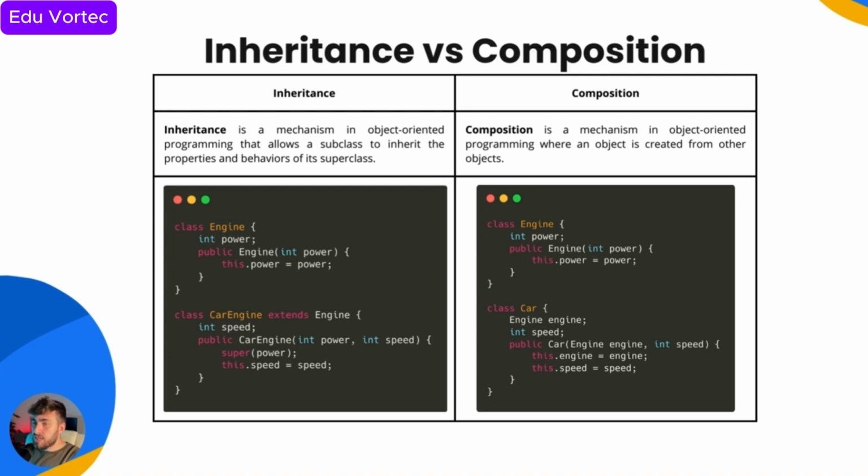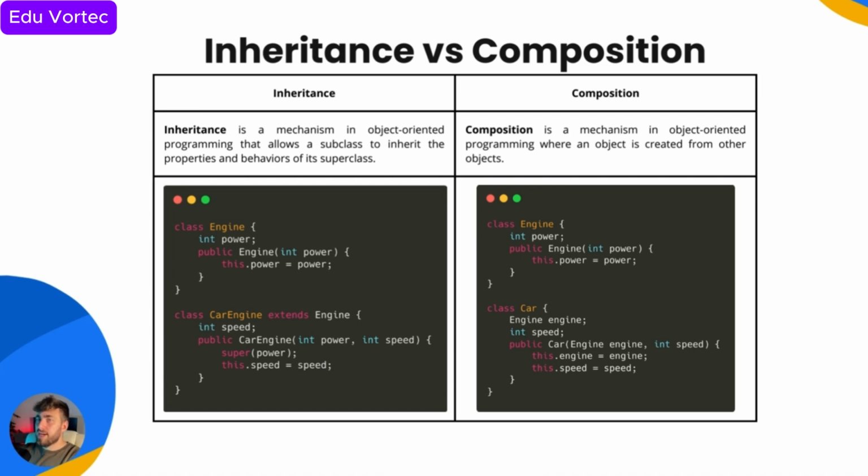As you can see, the main difference between inheritance and composition is that inheritance creates a subclass and composition creates an object. Both inheritance and composition have their own advantages and disadvantages, and the choice between the two depends on the specific requirements of the project.